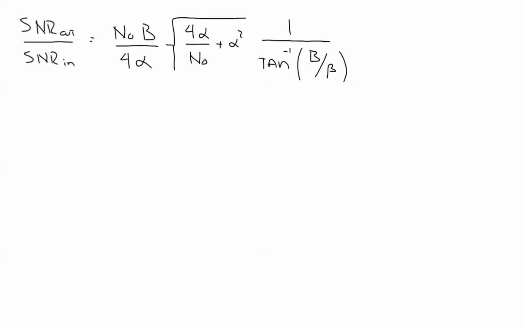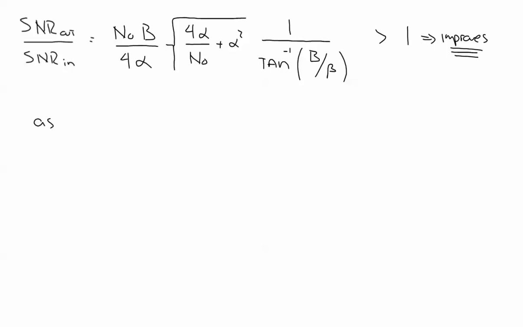I'm going to leave beta there for just a second. Turns out that if you plug in reasonable values here, this will always be greater than 1, meaning that the signal-to-noise ratio improves through optimum filtering. Okay, that ratio of output signal-to-noise ratio to input signal-to-noise ratio is always greater than 1, meaning that I've improved the clarity of my message.